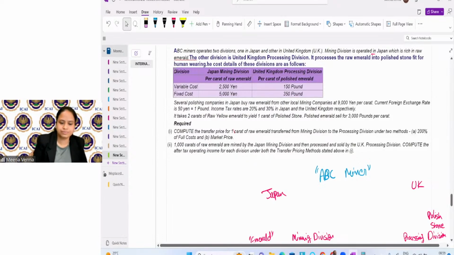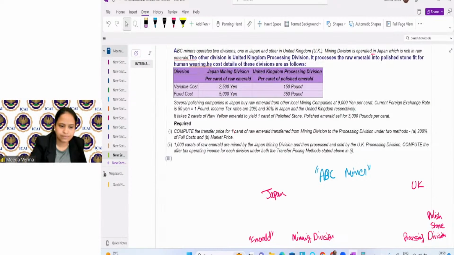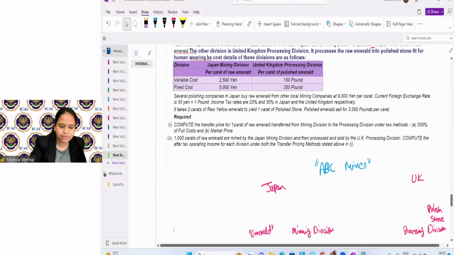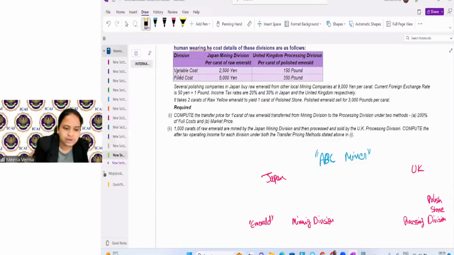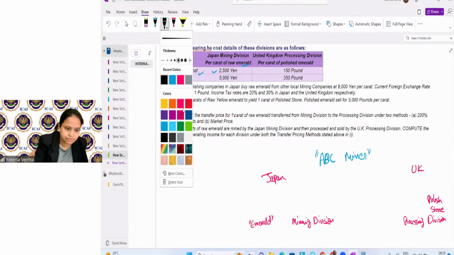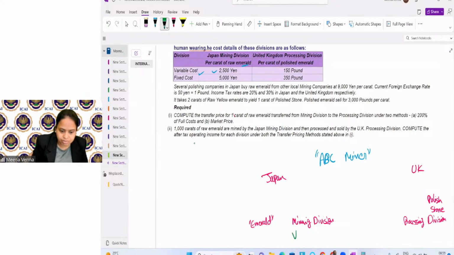The cost detail is: Japan mining division, per carat of raw emerald, the variable cost is 2,500 yen.